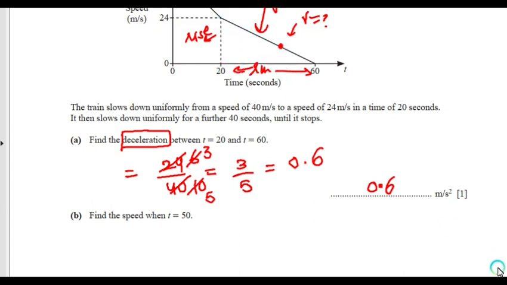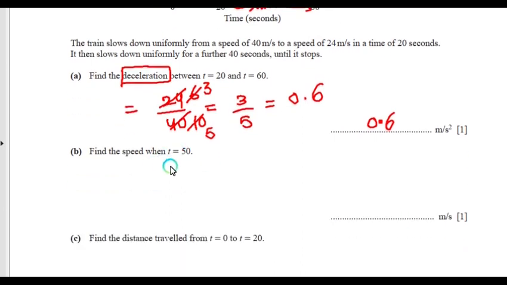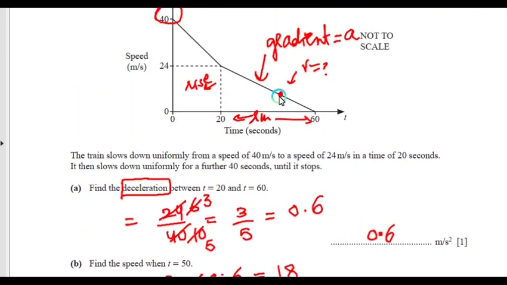from it. So if I multiply 30 seconds by the deceleration 0.6, I get 18 meter per second. So in this duration from 20 to 50, the speed decreases by 18.